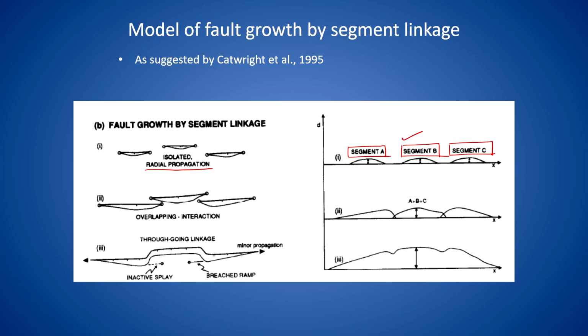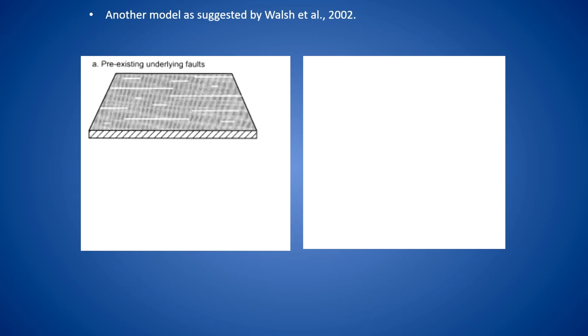These are the points where the two segments interacted, and the final topography will be something like this, with these as the linkage points. Exactly this process we tried to understand and applied to the formation of the Janauri anticline.